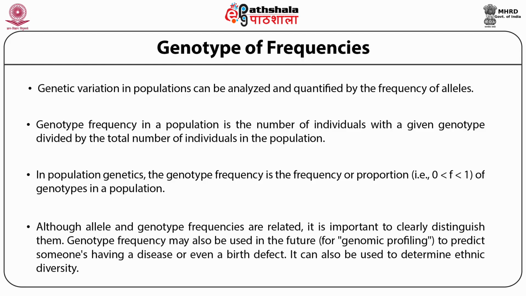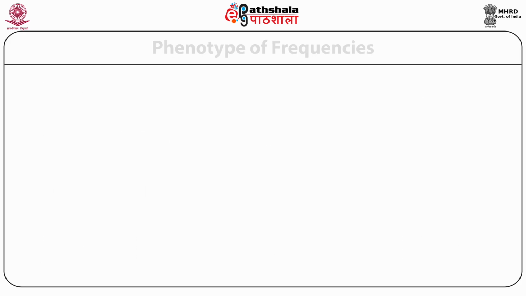Although allele and genotype frequencies are related, it is important to clearly distinguish them. Genotype frequency may also be used in the future to predict someone's having a disease or even a birth defect. It can also be used to determine ethnic diversity.